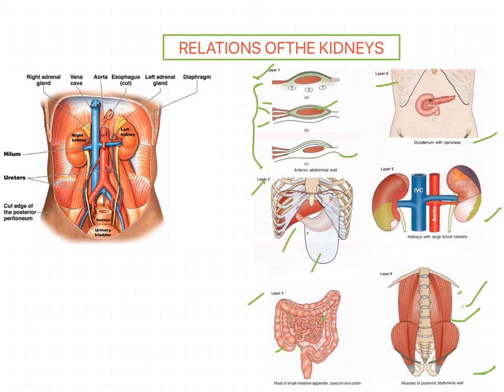Now we are going to discuss exactly which structures are related to which part of the kidney. In these relations, first we are going to discuss the common relations between the right kidney and the left kidney, then the structures related only to the posterior aspect, the structures related on the anterior aspect, and the structures related over the hilum.